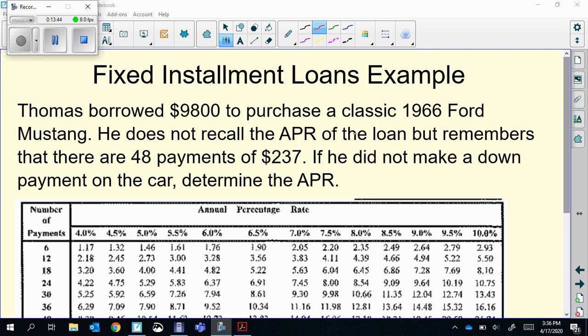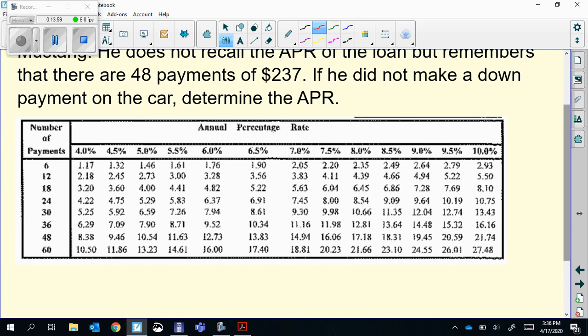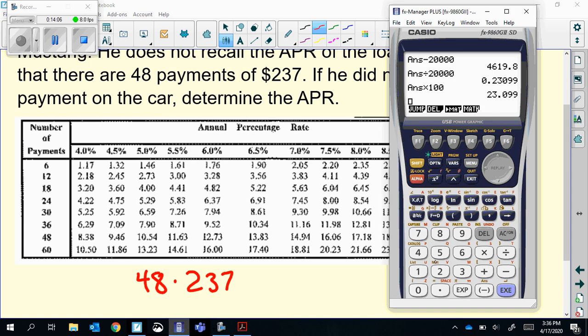Thomas borrowed $9,800 to purchase a classic Ford Mustang. He doesn't remember the APR, but remembers that there were 48 payments of $237. He did not make a down payment. To determine the APR, 48 payments of $237 means that the total amount paid is $11,376.